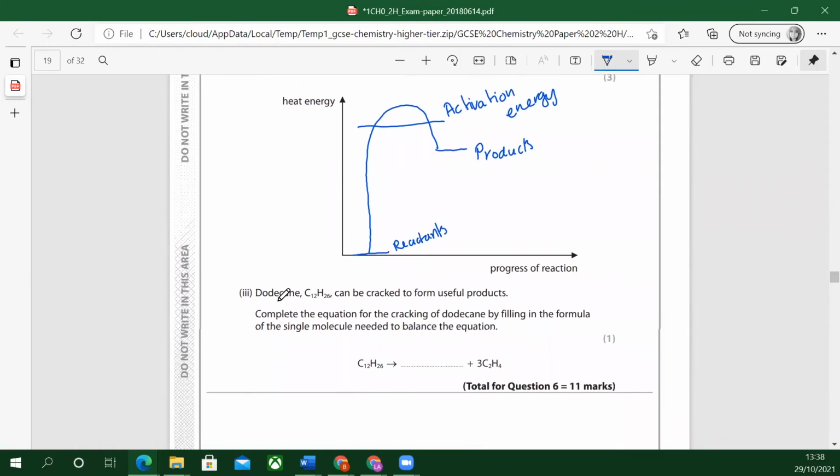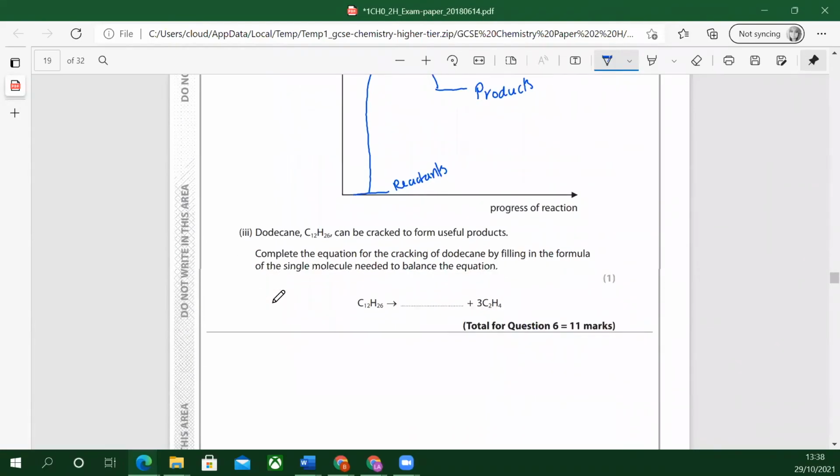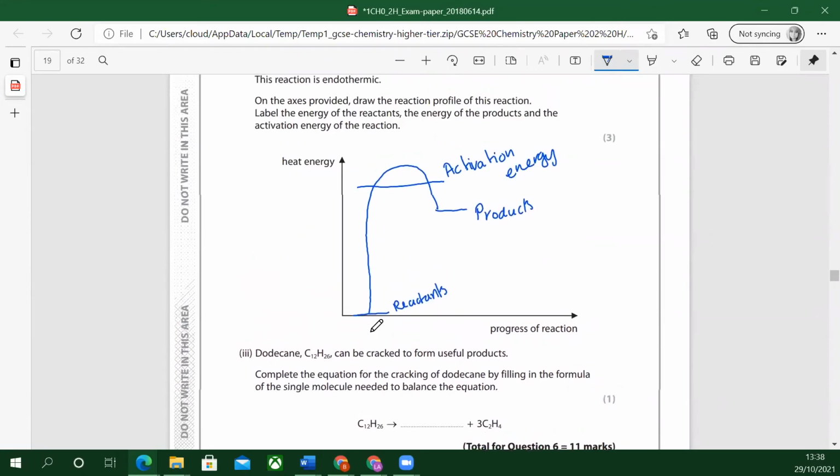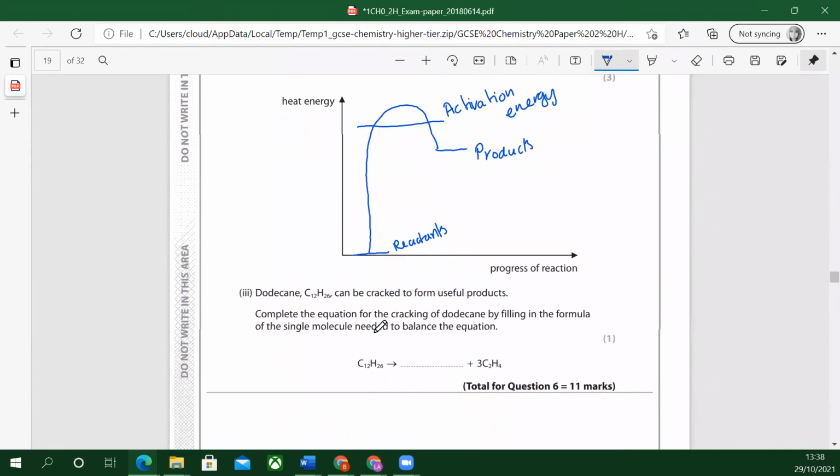So next one. Dodecane, C12H26, can be cracked to form useful products. Complete the equation for the cracking of dodecane by filling in the formula of the single molecule needed to balance the equation. There's only one molecule there, so all we've got to do is count them up.